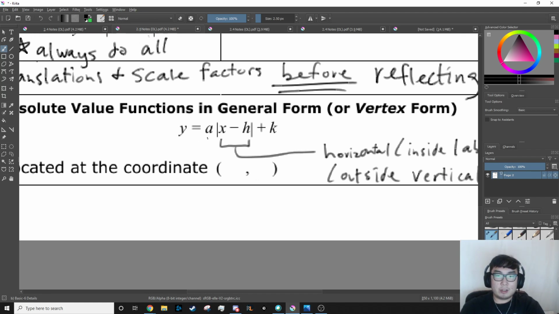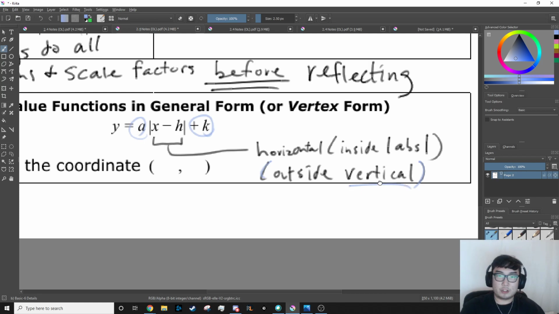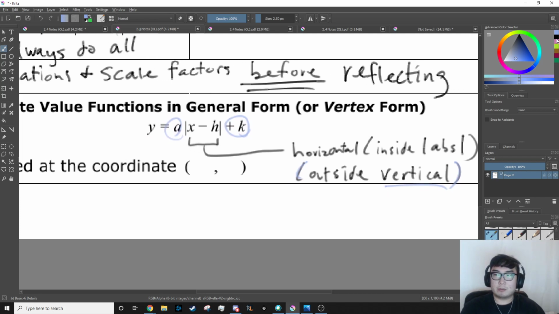You know that my a and my k are outside, so they are vertical. They're changing the vertical characteristics of my graph.